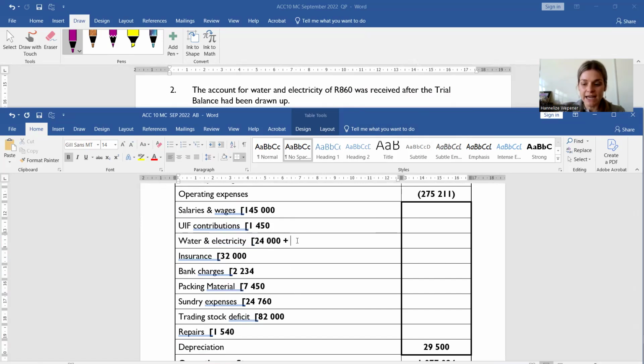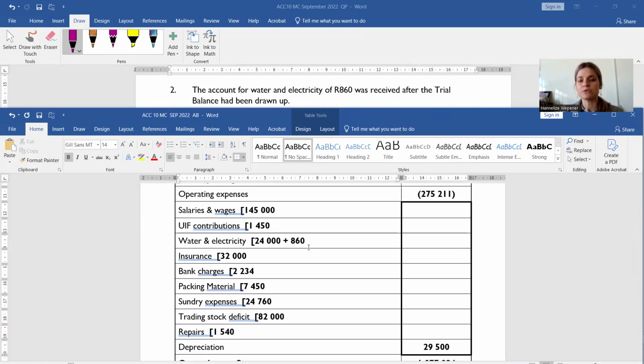So we must go and add that because we are not showing it yet, because we only received the bill after we prepared the trial balance. So we didn't know about it, not included. We must just include it now. If they told us that we have made payment, then it would have meant that we would have now credited our bank account because we no longer have the money.